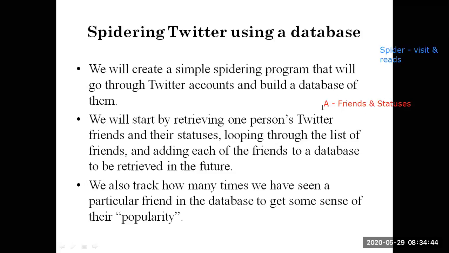So let us start with retrieving one person's Twitter friends and their statuses, where person A's friends list and statuses will be retrieved. We also track how many times we have seen a particular friend in the database.